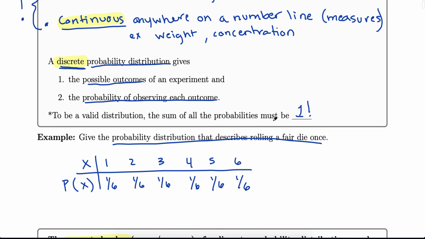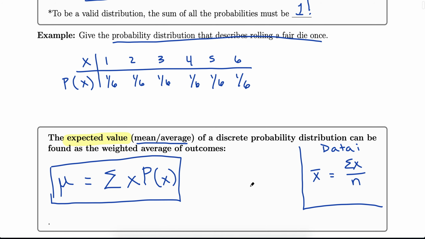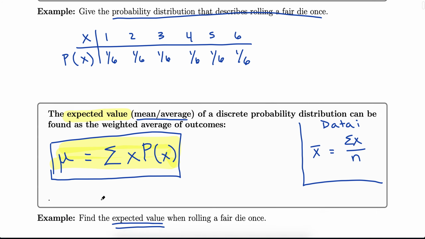The distribution, the probabilities have to add up to 1, so if you don't know one of these values, you could easily figure it out. And then also, make sure you know how to find the mean or expected value of a discrete distribution. And we saw that was just a weighted average, each outcome times its probability, and adding it up across the chart or across the distribution for all different outcomes.